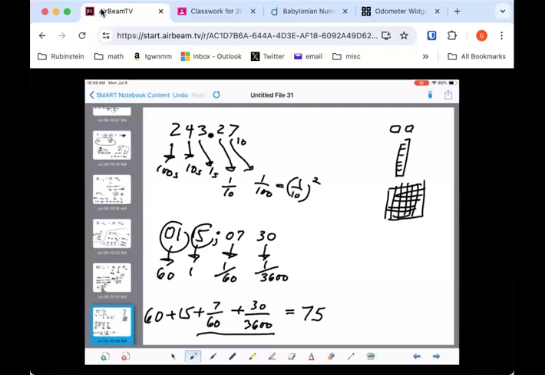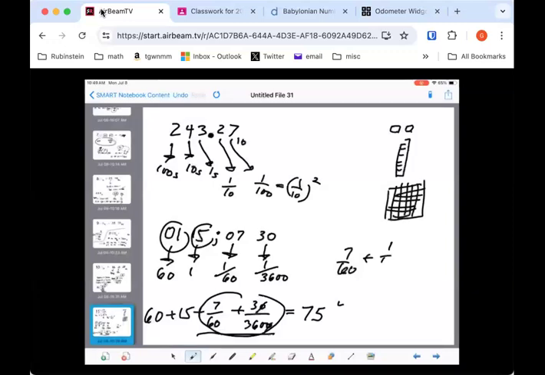Okay, I see a lot of people got this correct. Surprisingly, this 7/60 plus 30/3600 does become, if you get common denominators, you know what I like to do when I'm doing this? I like to reduce the fractions before I add them.